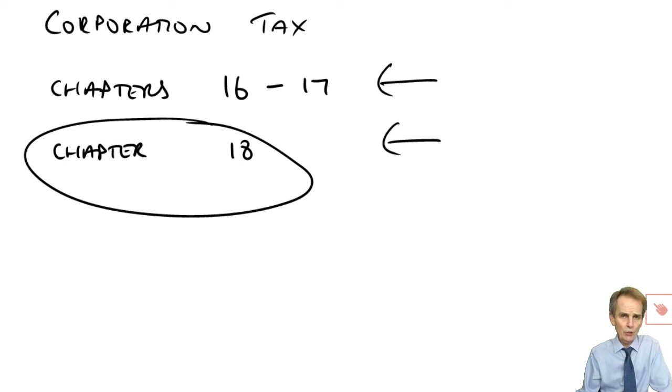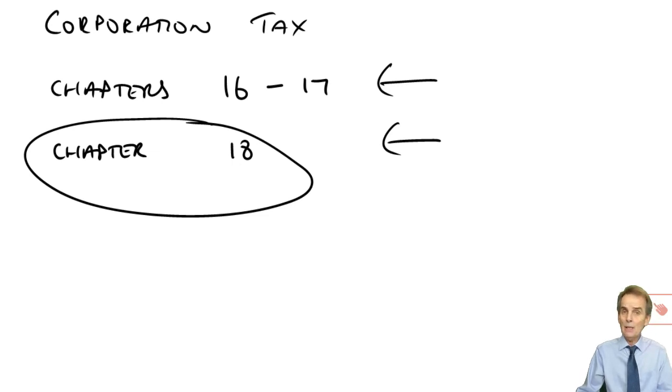As you'll see early on in chapter 16, we give it the name of a period of account, and you will from it prepare either in chapter 16 one corporate tax computation to match that period, or two corporate tax computations as it will be in chapter 17, where, as I said a moment ago, you're dealing with a long period of account, i.e. a statement of profit or loss for more than 12 months.